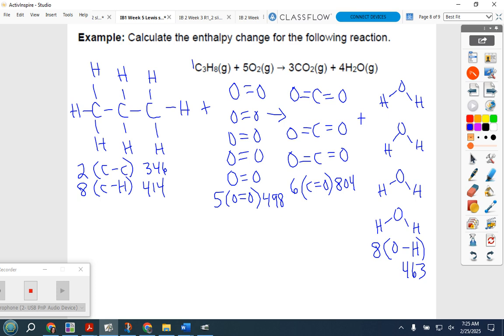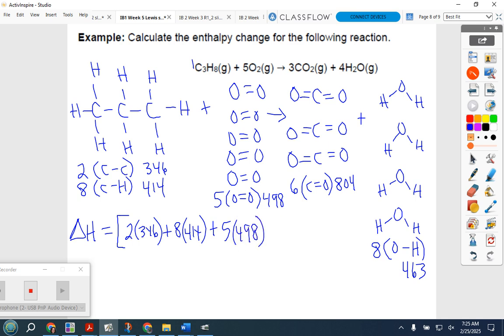So over here on our reactant side, our delta H is going to be equal to the sum of, actually, I'm not going to write that out again. So we're going to have 2 times 346 plus 8 times 414 plus 5 times 498. Okay. And that whole thing is going to be then minus the sum of all the bonds on the product side.